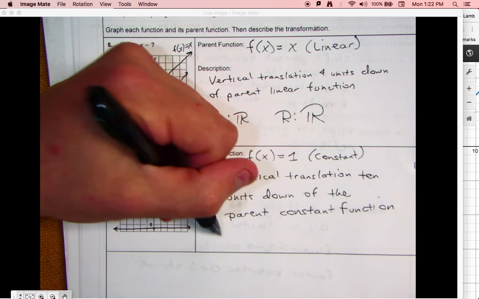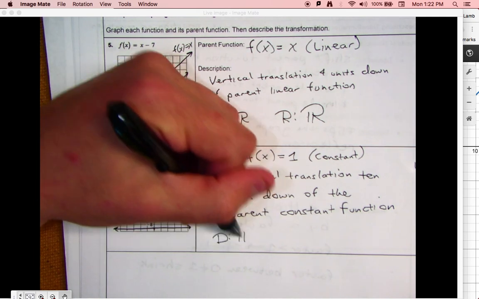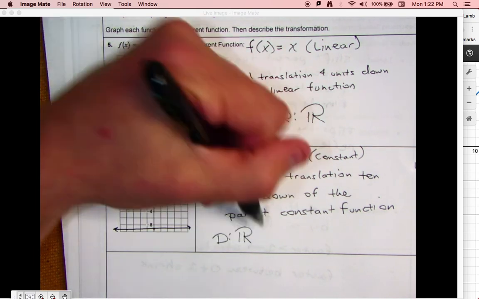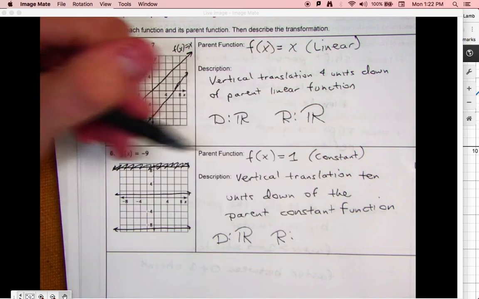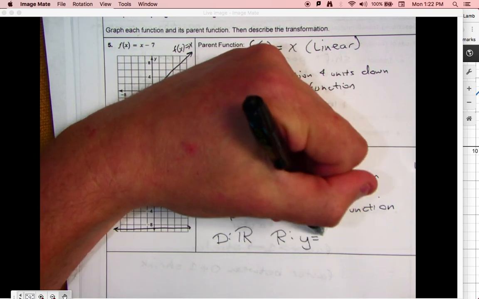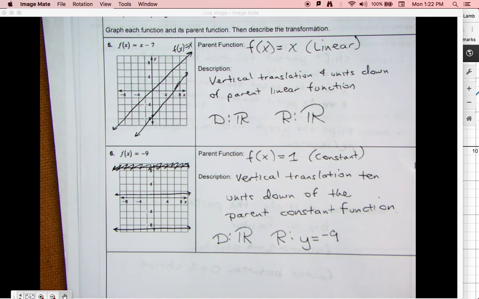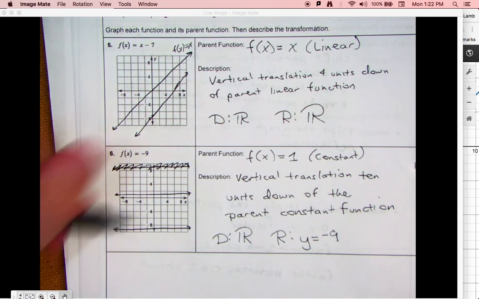All right, my domain goes left and right forever. My range, remember these ones always have y equals whatever that number is, -9.